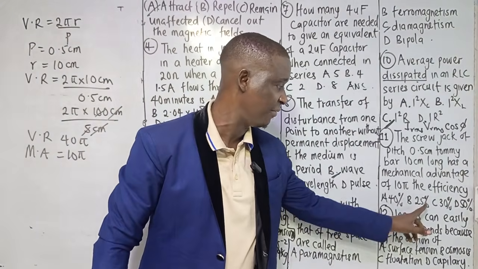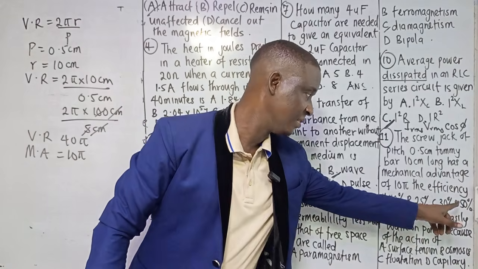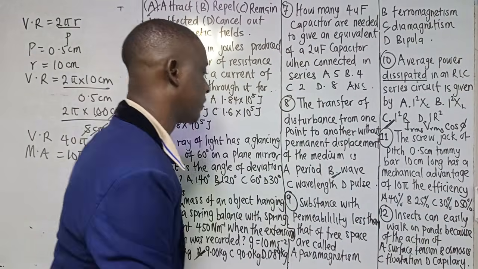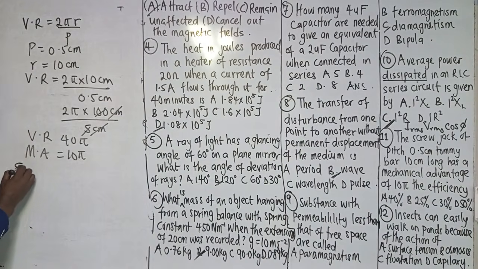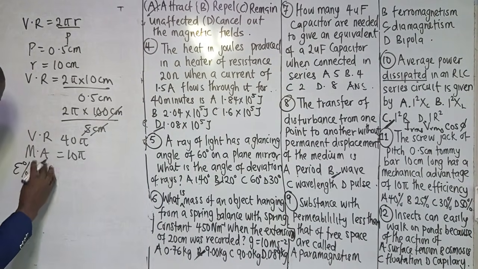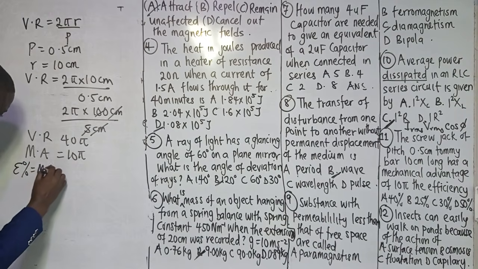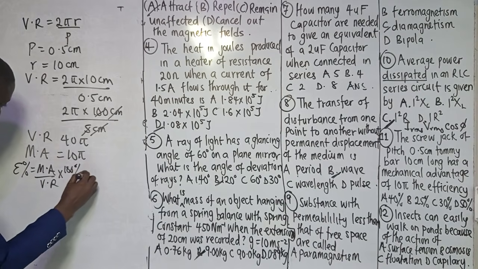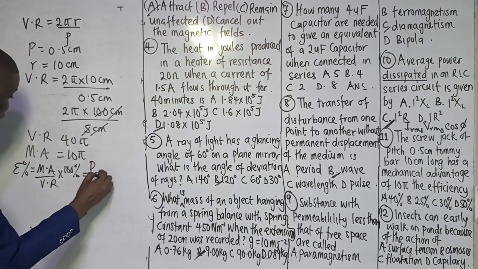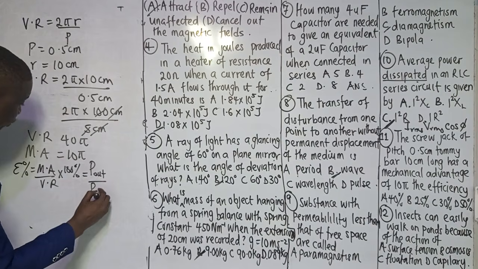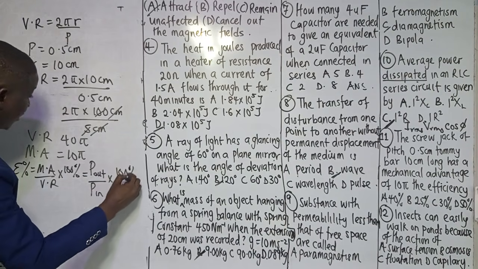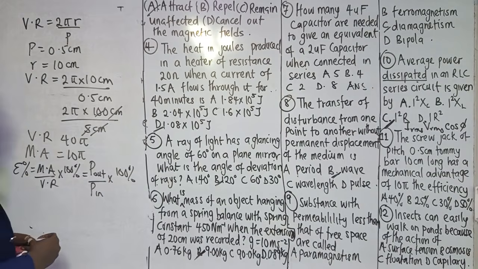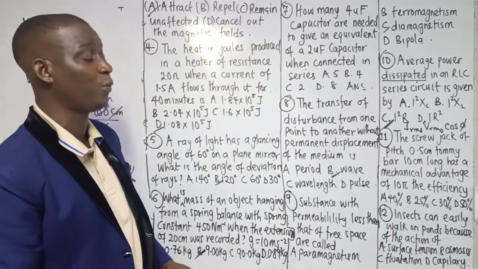The options are A 40, B 25, C 30%, D 50%. So efficiency is equal to mechanical advantage over velocity ratio times 100%. Or we can say power output over power input times 100%. You can also say work output over work input times 100%. You can even say power input minus power lost to friction or heat, over power input, times 100%.